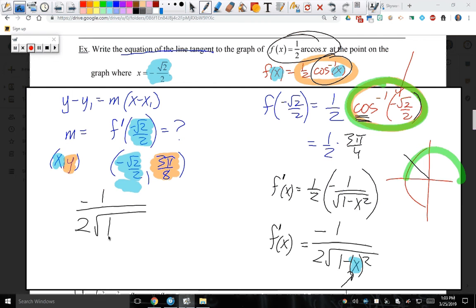Everyone needs to hear that. I'm not going to write 2 over 4. I'm going to write 1/2. How did I do that? I put the negative root 2 over 2 where the x is at, and I squared it and reduced. Okay. This is f prime. Now, what is 1 minus 1/2? 1/2. So what I'm doing here is I'm taking the square root of just 1/2.